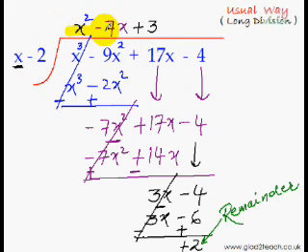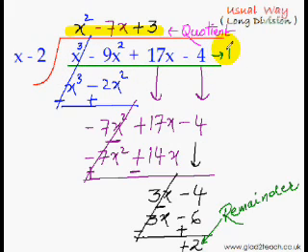This answer that we have got at the top is called the quotient in technical terms. The polynomial that was being divided is known as the dividend. And the polynomial that was dividing is known as the divisor.